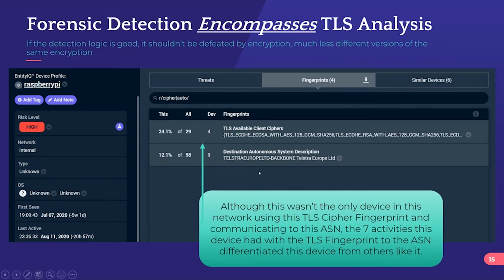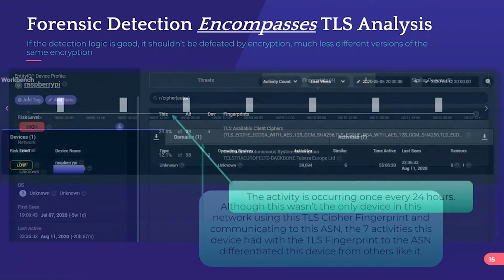Not only that, but this traffic is going to a network, this ASN, that is also noteworthy. Again, it's not the only device in the network that has traffic going to that particular ASN, but the combination of these things, when we do the math, 12% of 58 or 24% of 29, gives seven instances, 7 activities with these characteristics.